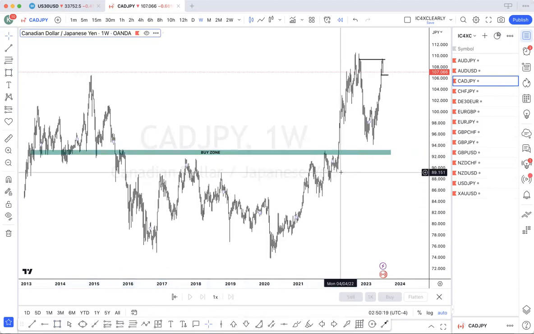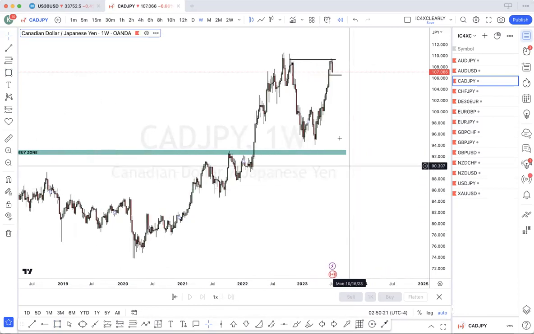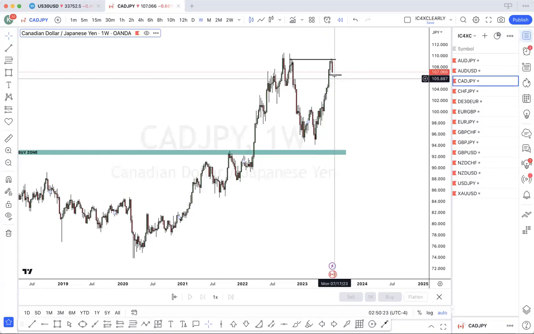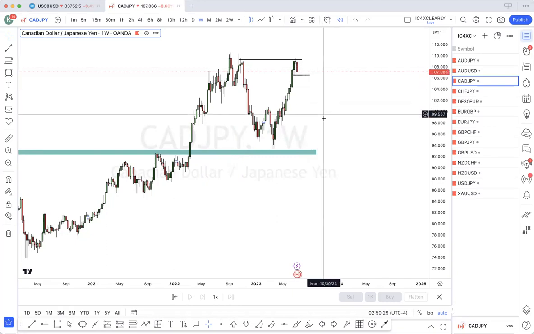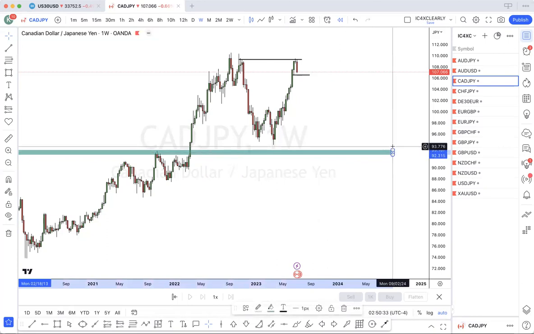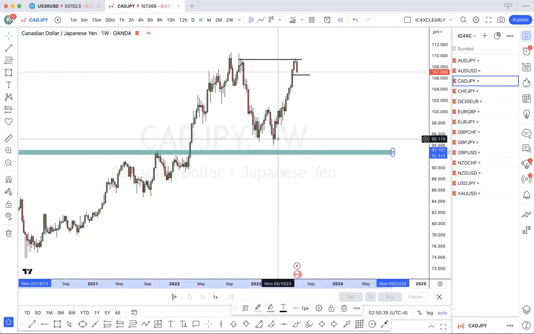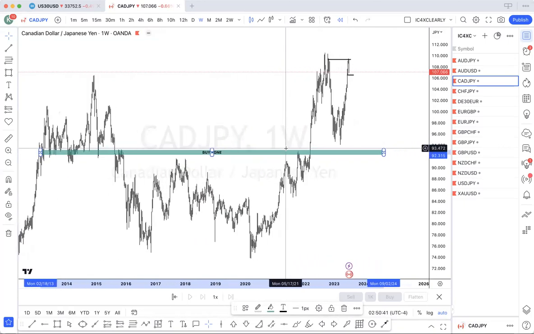Buy zone here. So once price breaks this low, definitely look for the pullback to sell down to. You can either sell it down to these lows or down to this key level here.